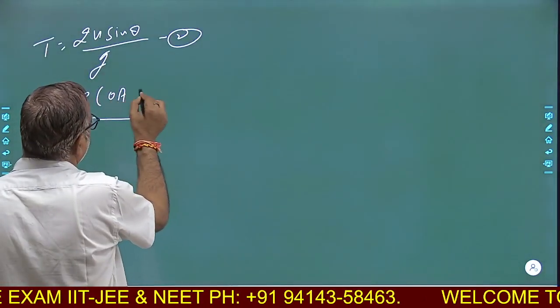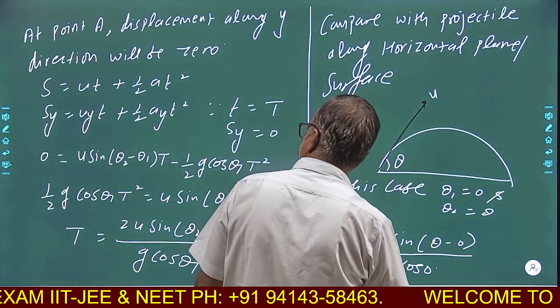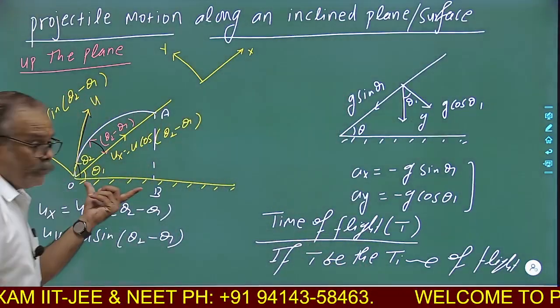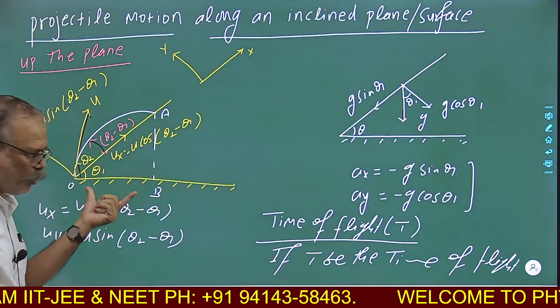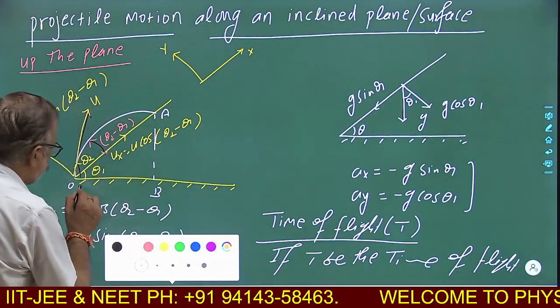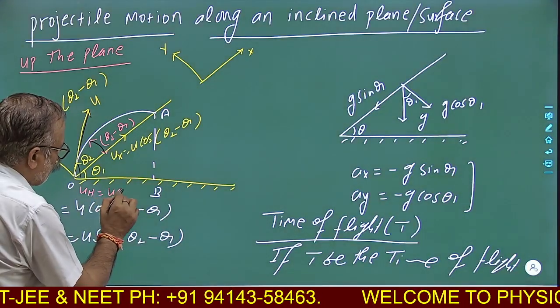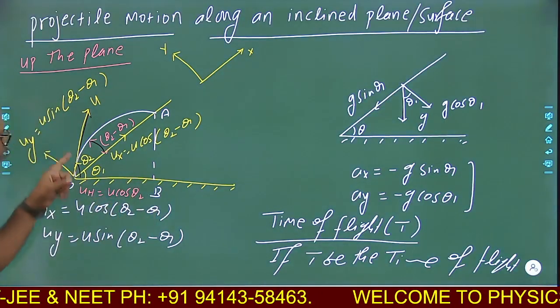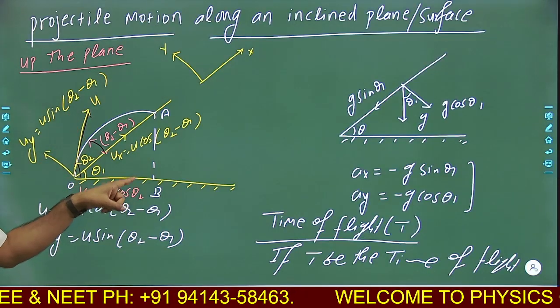OA is denoted by capital R. Initially, we obtained the horizontal distance along the ground surface, OB. The horizontal component of the initial velocity, UH, is U cos theta 2, since the initial velocity makes an angle of theta 2 from the ground surface.